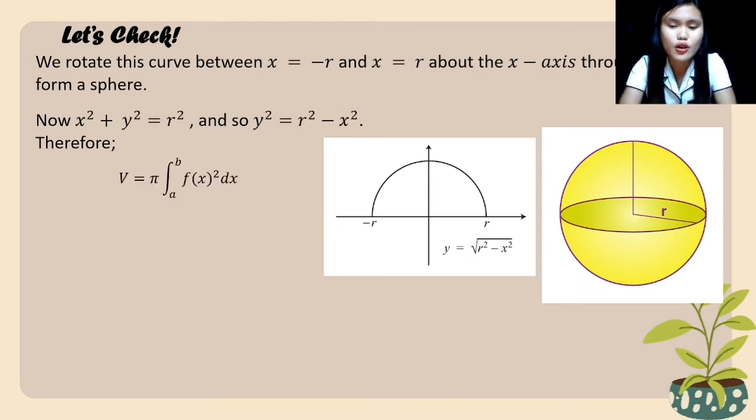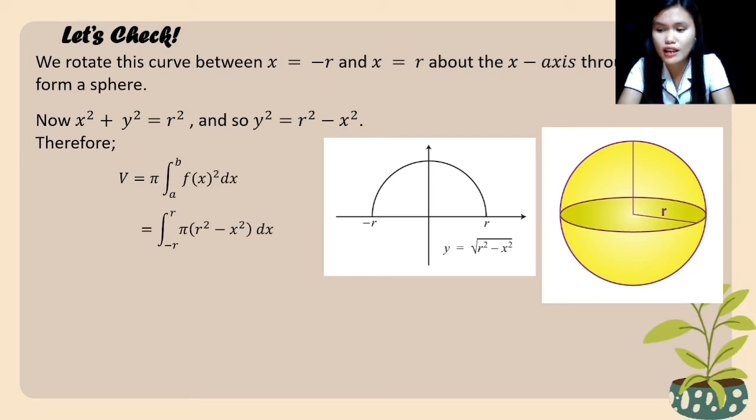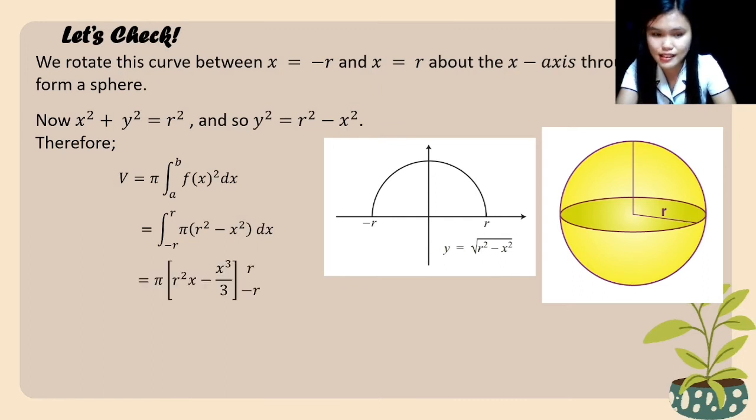Therefore, using the formula volume equal to pi integral from a to b of f of x squared dx, our limit of integration here is from negative r to r, or negative 1 to 1. We have pi, and our f of x here is r squared minus x squared, dx, because as you can see, it is rotated around the x-axis.